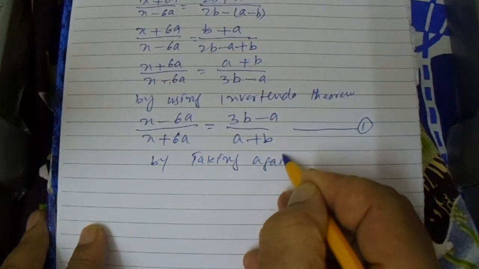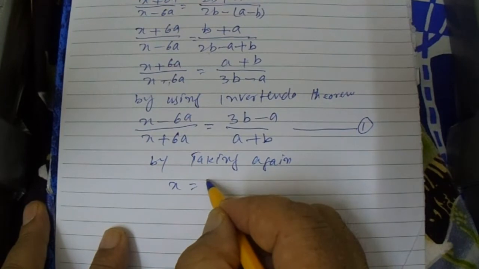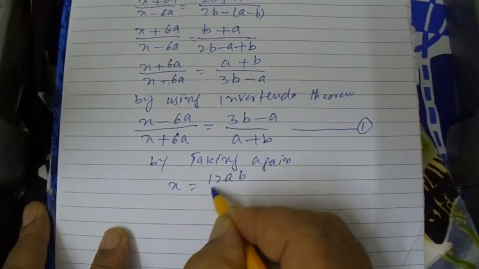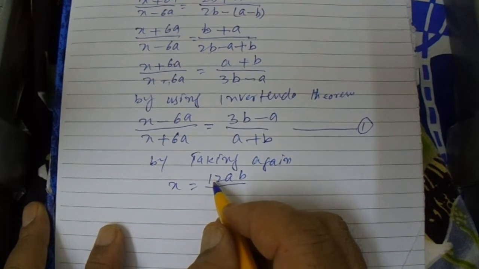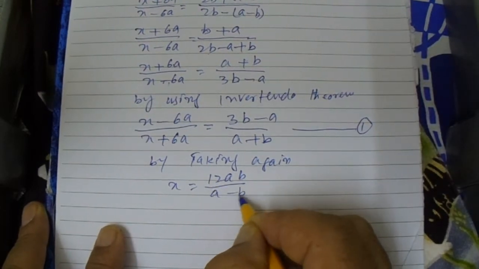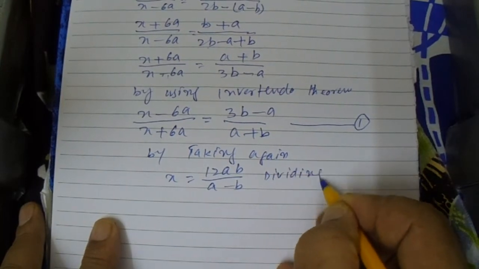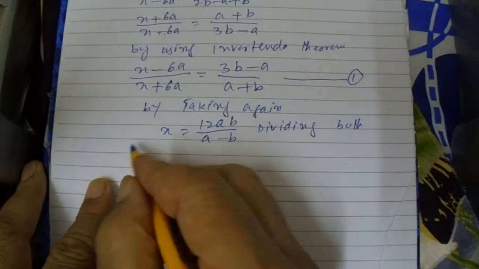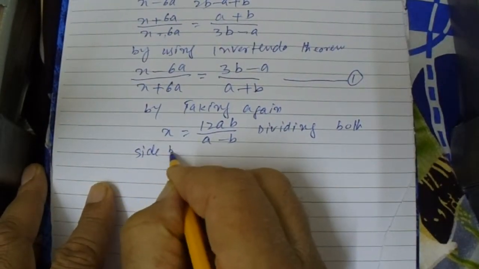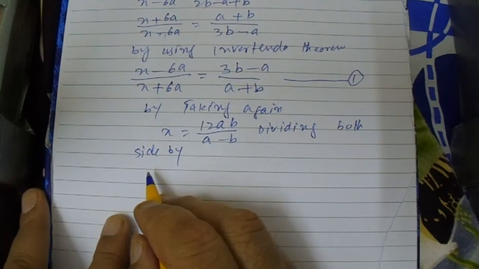Again, taking x is equal to 12ab over a minus b. Now this is a minus b, dividing both sides by 6b.